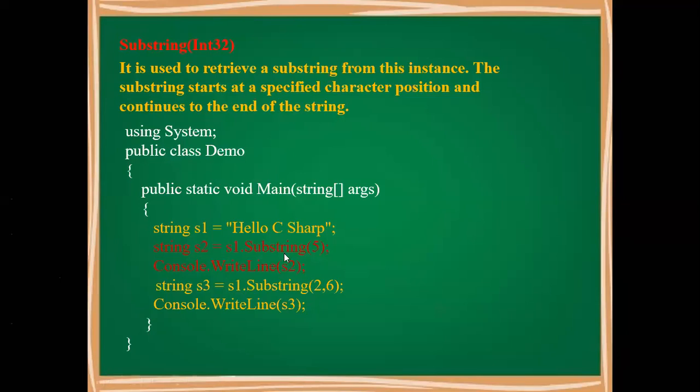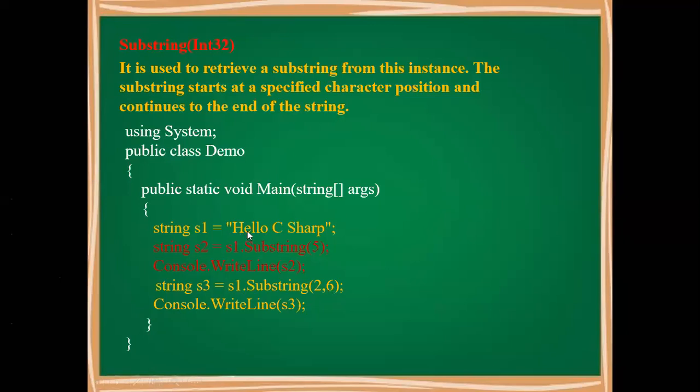The 6th is going to be the ending number. The single parameter function will automatically read till the end, but this new function with the second parameter is an overloaded function. Substring 2 comma 6 means two integer values: where to start extracting and up to where. So let us calculate this in the string.